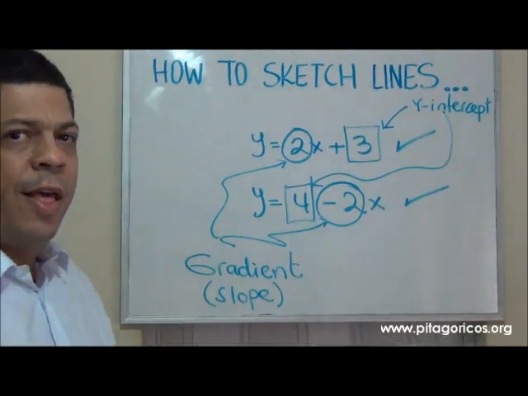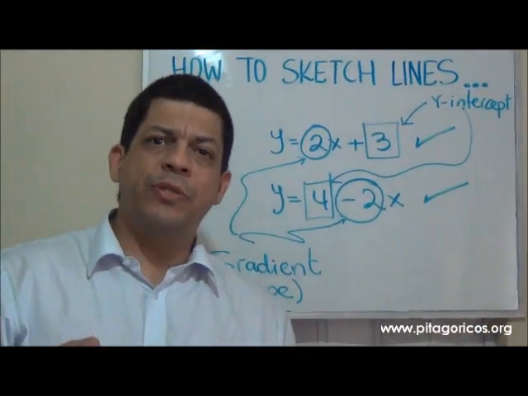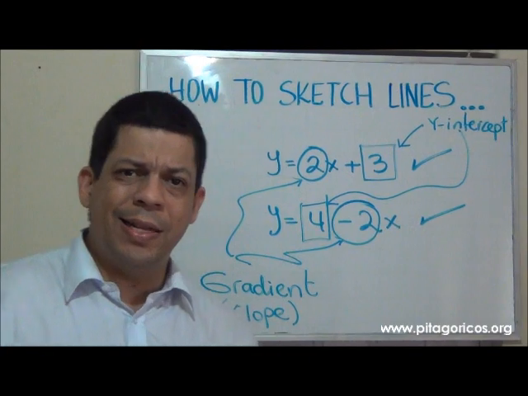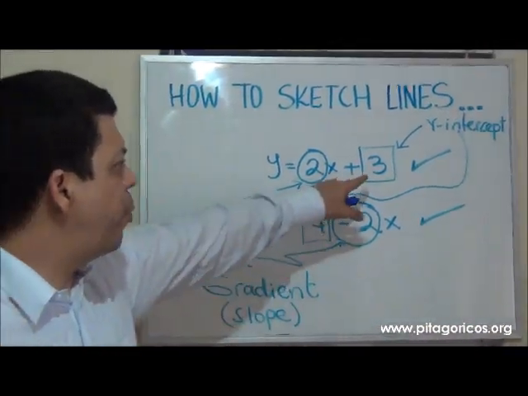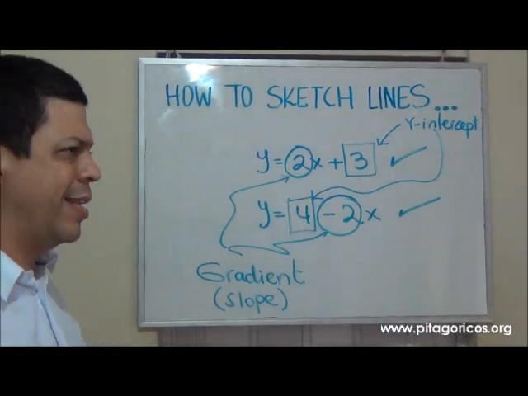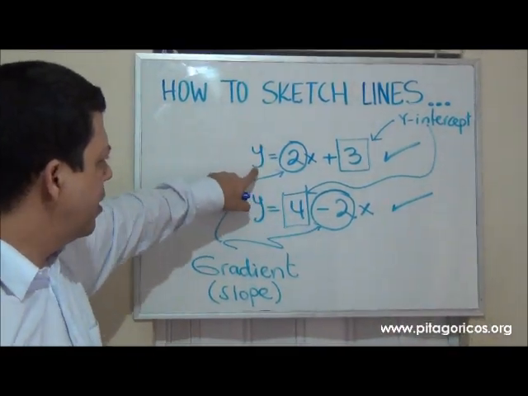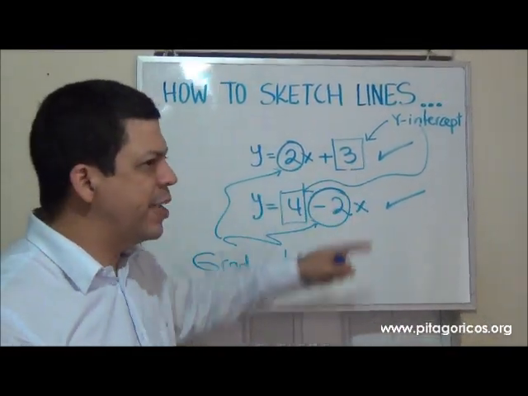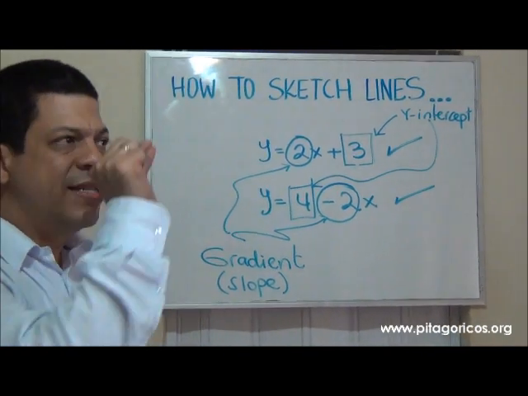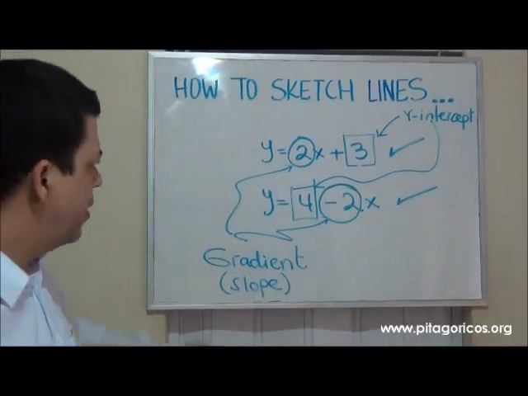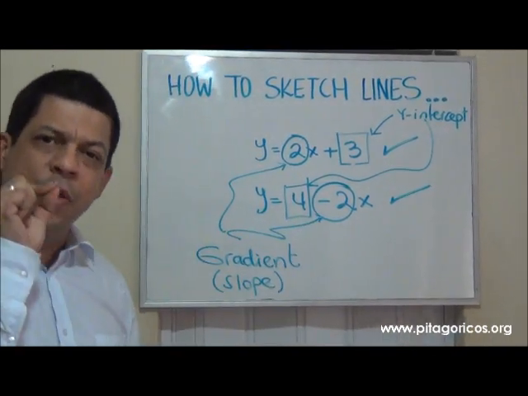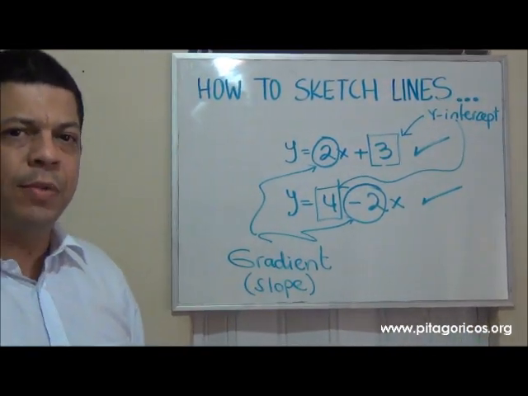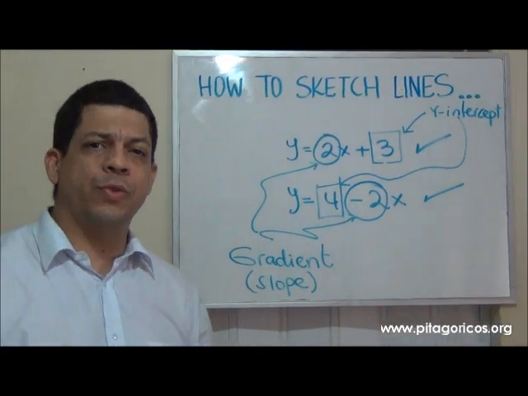That means that no matter what points I take to do my line, it is always going to pass through this point in the y-axis. Let's say this line, y equals 2x plus 3, is going to pass through 0,3. This other one, y equals 4 minus 2x, is going to pass through 0,4. And that is what we're going to learn today.